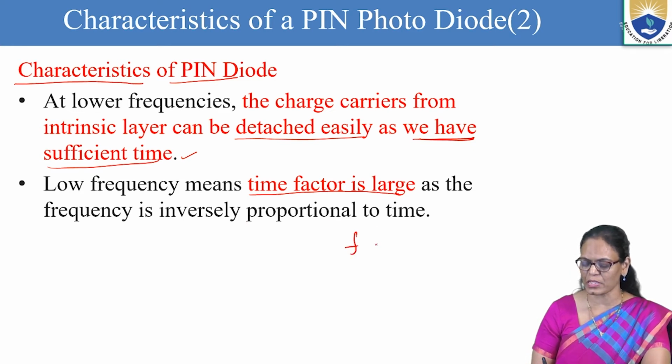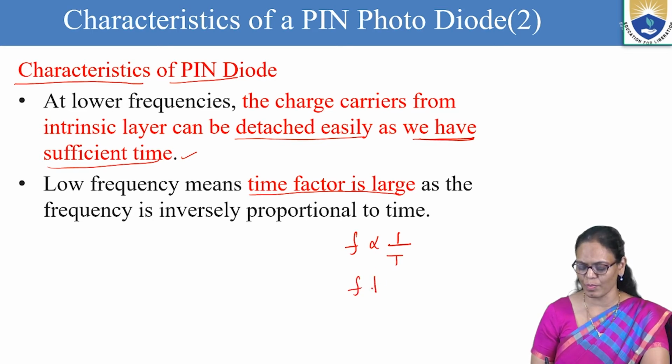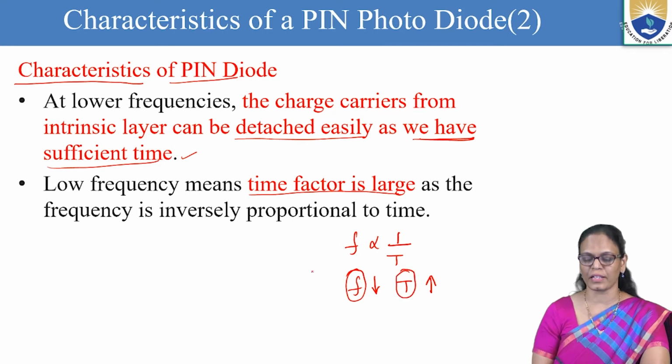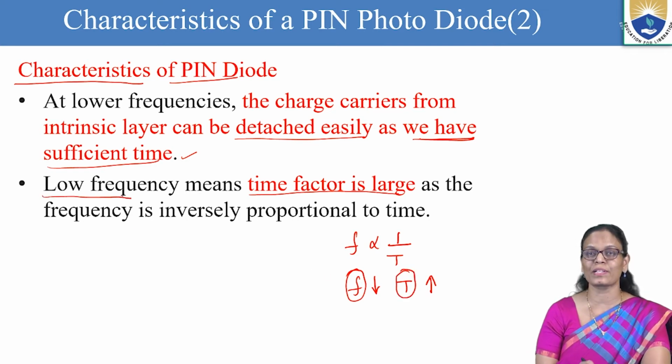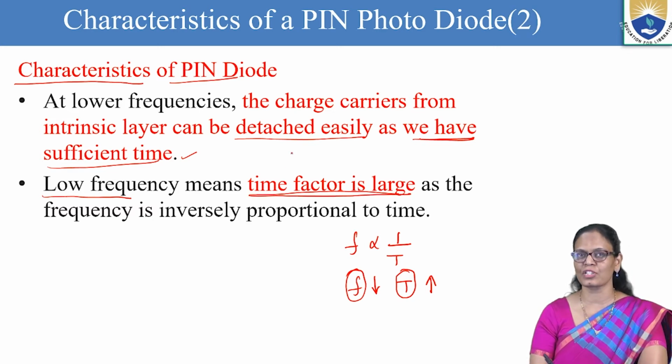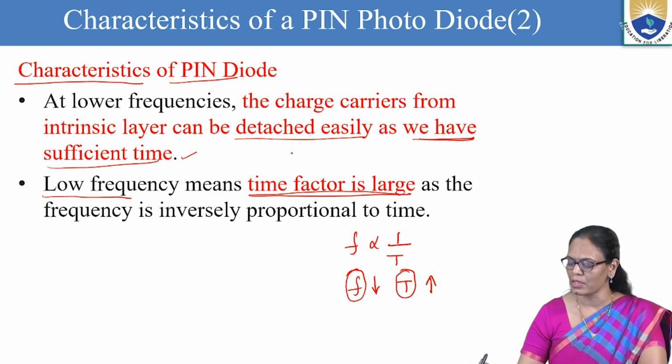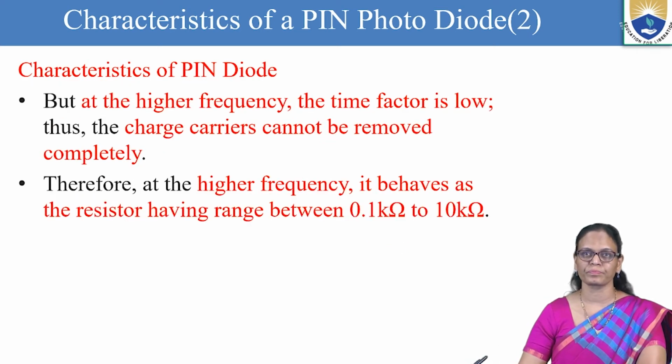We know f is proportional to 1 by T. So if f is small, T is more. So low frequency results in a large time factor, and because the time factor is large, the charge carriers can be detached very easily.